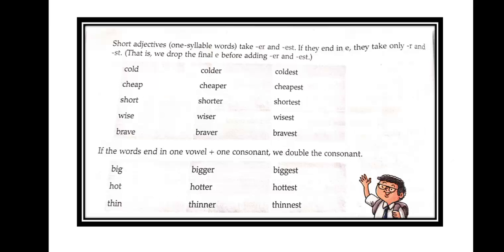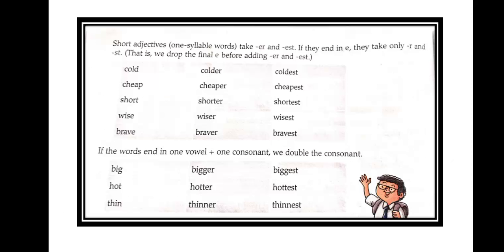Now here on page number 76, first one, short adjectives, it means one-syllable words, take er and est. If they end in e, they take only r and st. If any spelling ends with e, we have to add only r, and for the superlative we have to add only st. Cold, colder, coldest. Cheap, cheaper, cheapest.